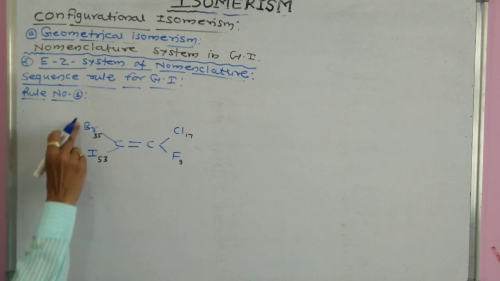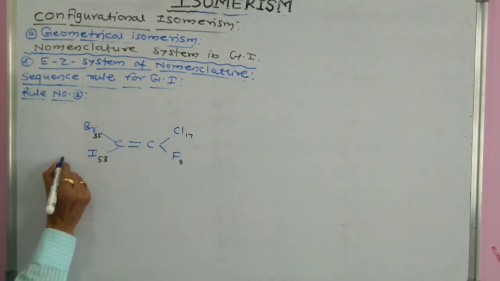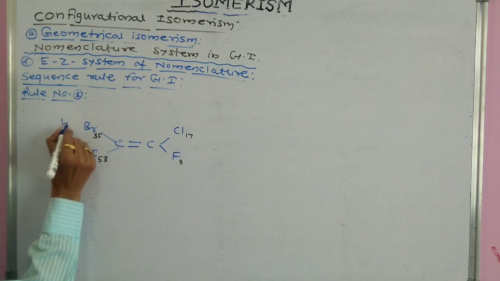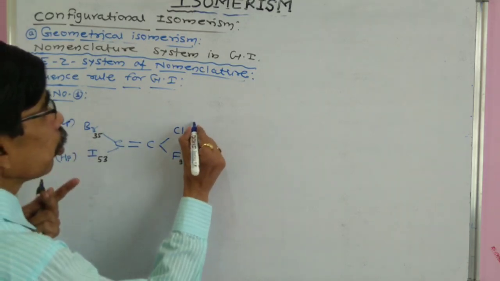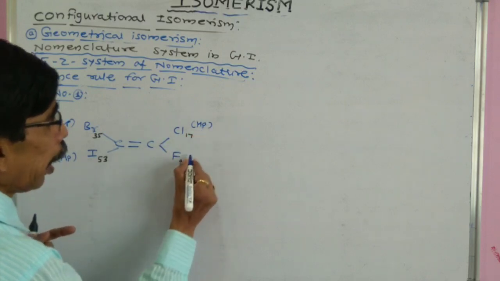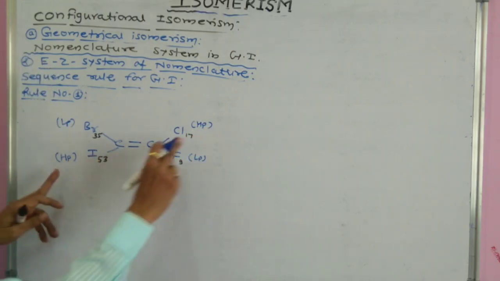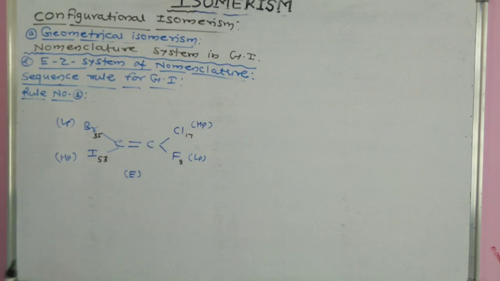Now, in comparison between two atoms or groups, this iodine atom having the higher priority, and this having the lower priority. In between these two atoms, this chlorine having the higher priority and fluorine having the lower priority. So these higher priority groups are on the opposite side of the double bond. Therefore, it is the E configuration.